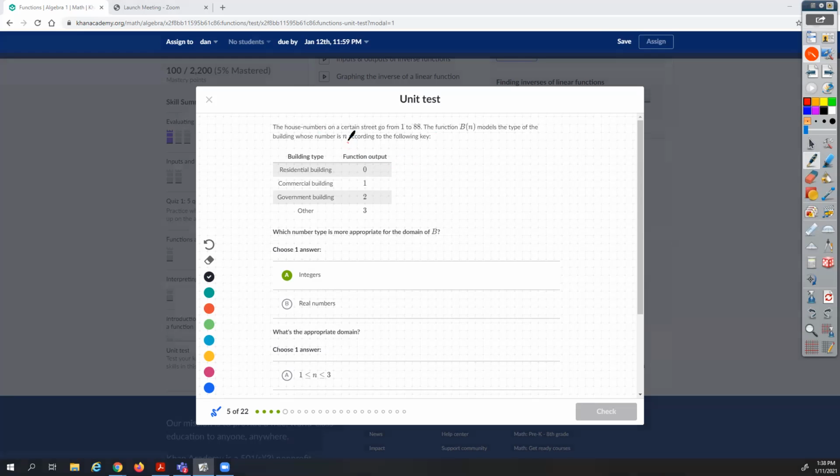So this right here is going to be b of n. This will be the domain.